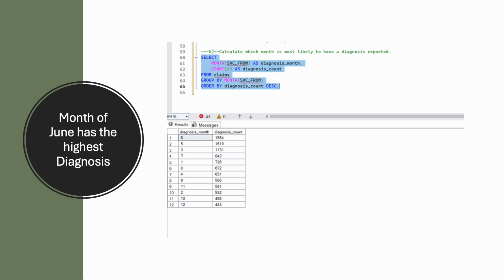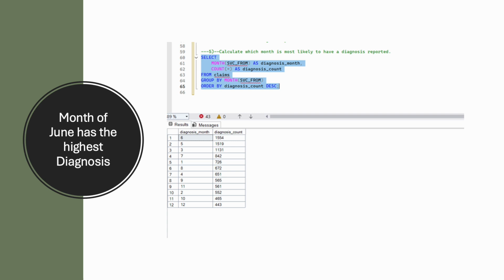So what I did, I tried to calculate which month of the year has the most diagnoses reported. As you can see, I use select, and we select the month of the service and the diagnosis, and we have to count all the diagnoses over the total of 12 months of the year.